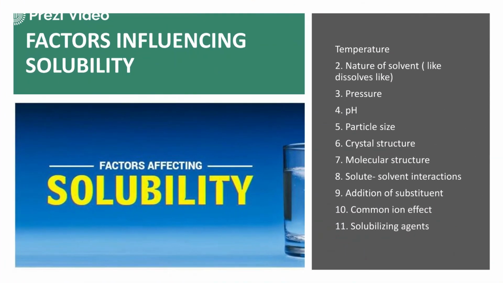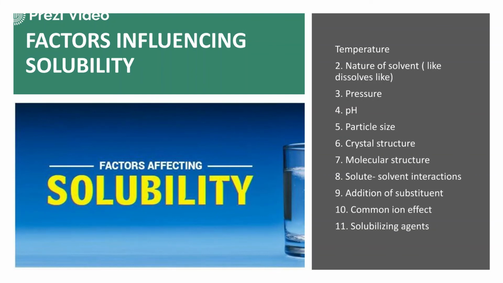Now, what are the factors which influence solubility? As I have told, it depends on a number of factors like temperature. Solubility is always measured at a specific temperature. If the temperature increases, for solids and liquids the solubility increases, but in the case of gases, the solubility decreases. Similarly, it depends on the nature of the solvent. For example, like dissolves like.